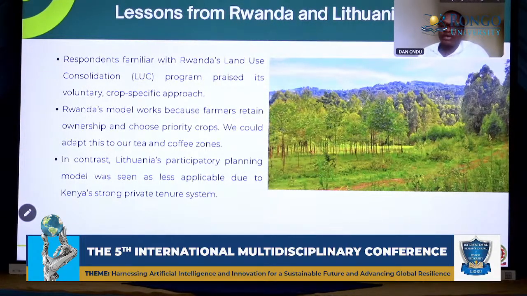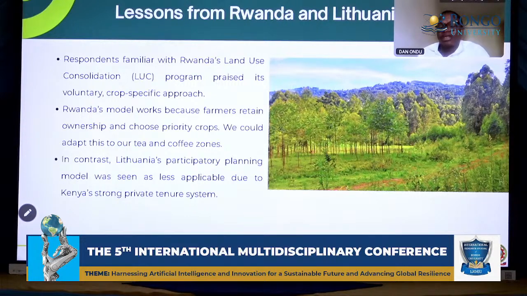But again, I looked at Rwanda because Rwanda shares a lot of the features with Tabaka and some parts of Kenya, and the differences of how Rwanda incorporated different ways of doing the land use consolidation and how it was successful.